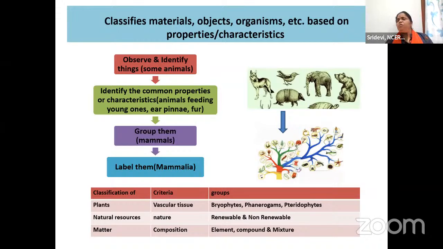Then after identifying, what do I do? Oh, I find this plant, plant A, plant C, and plant D have thick woody stems, and they are very tall. So what did I do? I identified some common characteristic features or attributes which are commonly found in a group of things. I then group them. Okay.